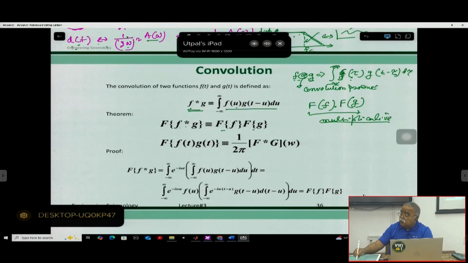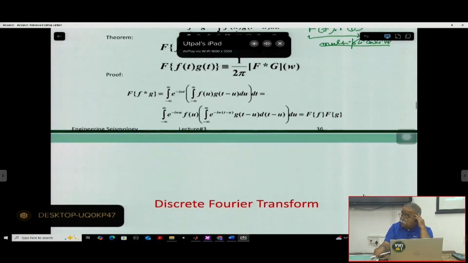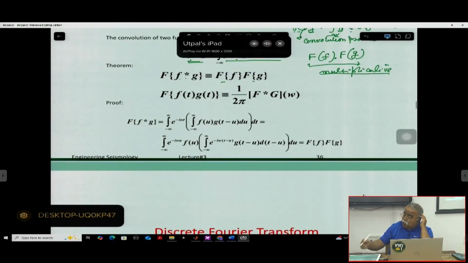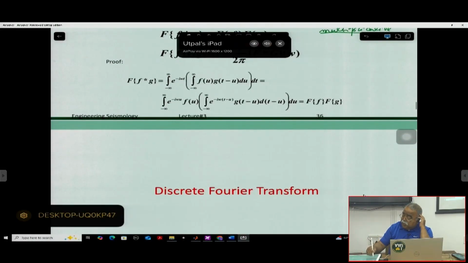That is our day-to-day use for the interpretation of the seismogram, because whenever the seismogram gets recorded at a station, right? So this is your seismographic station. We record a seismogram.